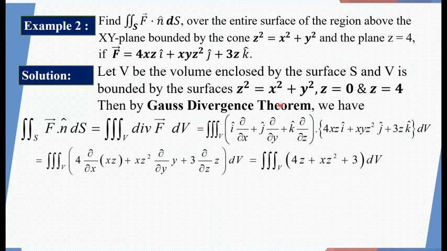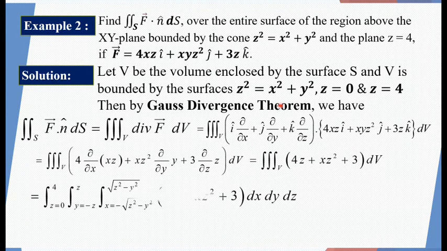So we take limits from minus root z² minus y² to root z² minus y², and for the limit of y, when x vanishes then y² equals z². So y will be minus z to z. So in this particular manner.